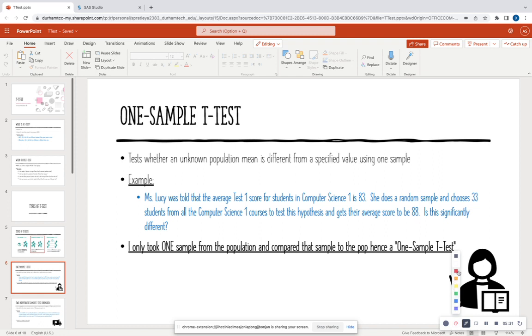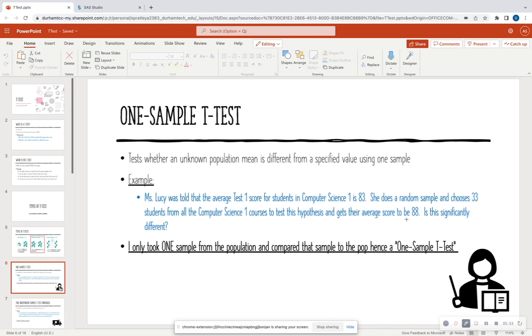Okay, so in this case here, Miss Lucy was told that the average test one score for students in computer science 1 is 83. She does a random sample and chooses 33 students from all of the computer science 1 courses to test the hypothesis and gets their average score to be 88.